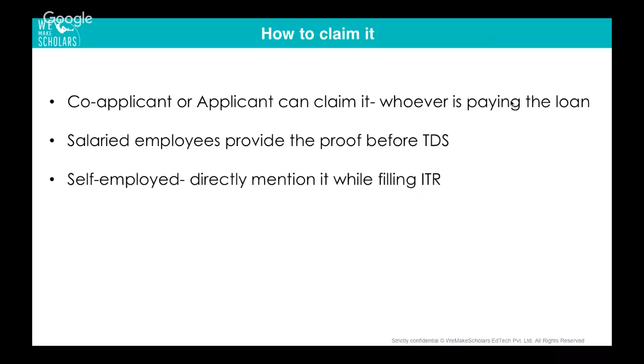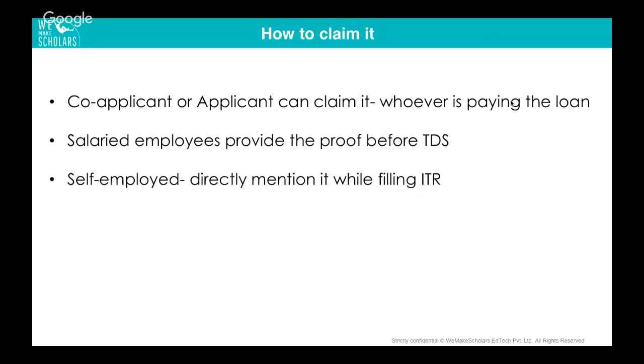So if she is your co-applicant, she is in the 30% income tax bracket, so your exemption on the interest component will also be at 30%. Whereas if your father is your co-applicant, because his income is less than 5 lakhs, he will be in the 10% or 5% income tax bracket. So the exemption you will be getting will also not be significant.